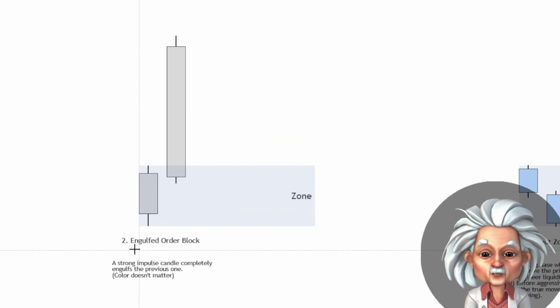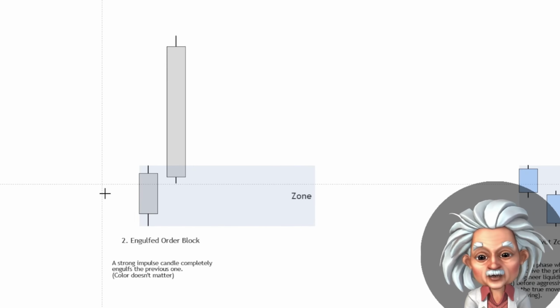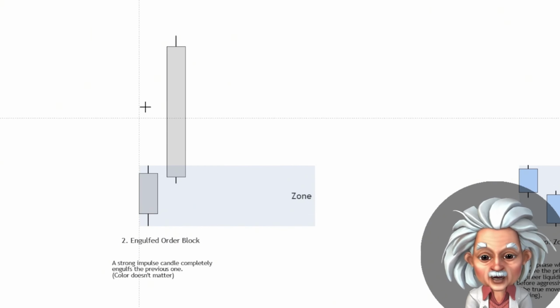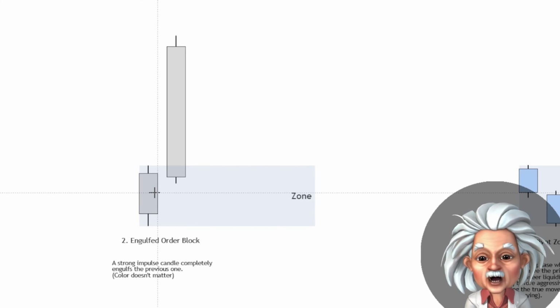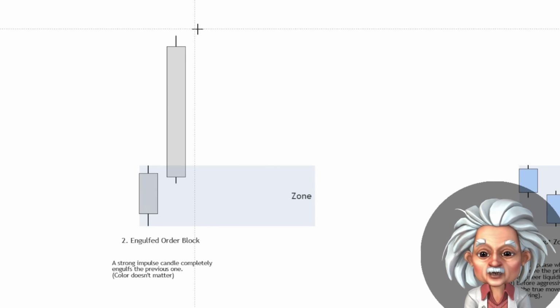The next zone is the engulfed order block. So basically, you don't have to have a down candle before the up move. It could also be the same color. It could be an up candle engulfed by another impulse up candle.